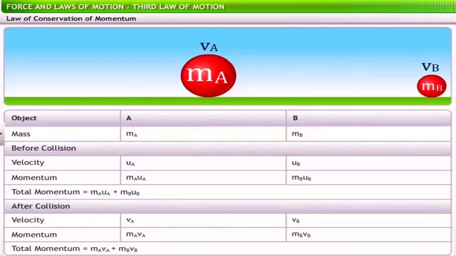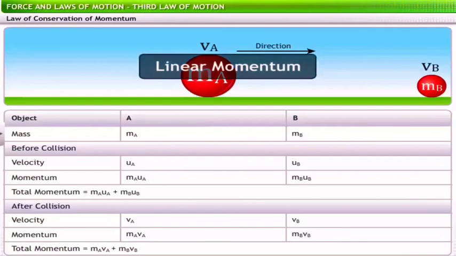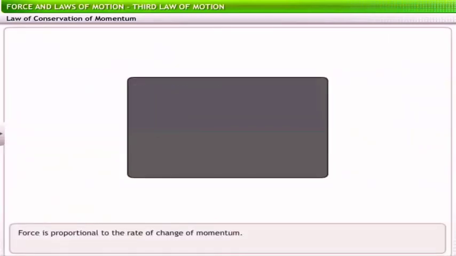Let's assume that after collision, both the spheres A and B move with uniform velocities VA and VB respectively, in the same direction as that before collision. As the spheres move along a straight line before and after collision, their momentum is said to be linear momentum.